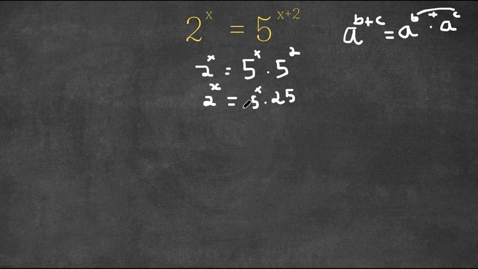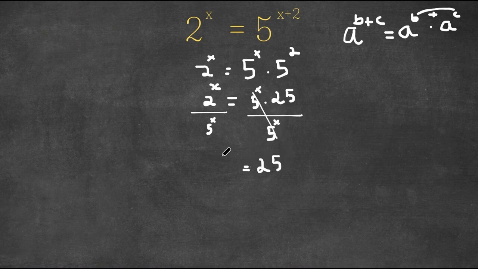Now what we're going to do is divide both sides by 5 to the power of x. So if we divide both sides by 5 to the power of x, well, on this side these two will cancel out. So on our right-hand side, we'll just have 25.